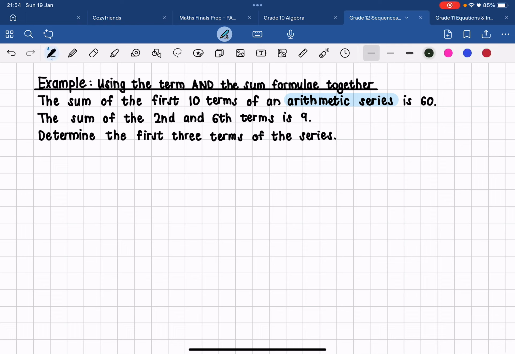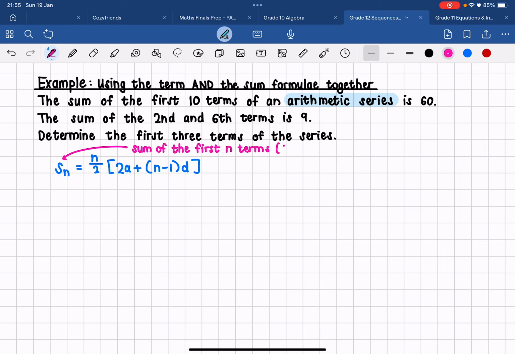Now, when we first learned what the sum formula is, we said that Sn is equal to n over 2 bracket 2a plus n minus 1 times d. But then we wrote down that this Sn means that this is the sum of the first n terms.